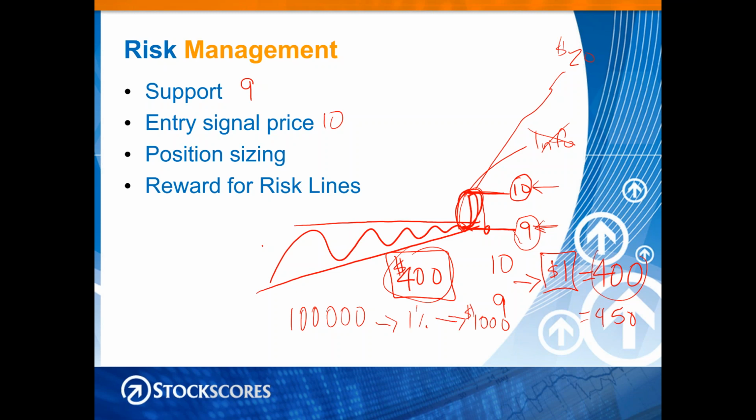Another person with the same portfolio might say, well, a $1,000 loss makes me feel uncomfortable. I can't sleep well at night knowing that I could lose $1,000 on one trade. I'm going to only risk $200 because that is my sleep-well-at-night number. So that is that person's risk tolerance.